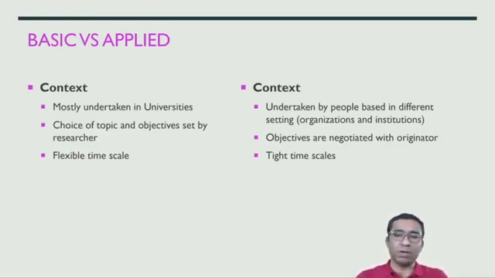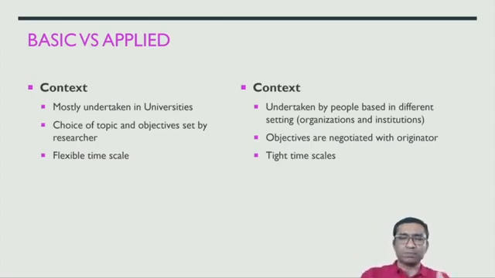Normally, developing a vaccination for a particular virus may take 3, 4 or 5 years. But in the current scenario, because it is purely applied research, we have to do it quickly. That is the pressure, because humanity is involved, people's health is involved. So that is a pressure game. It means that the applied research context is entirely different from the basic research context. So that is a very clear differentiation between basic and applied research.